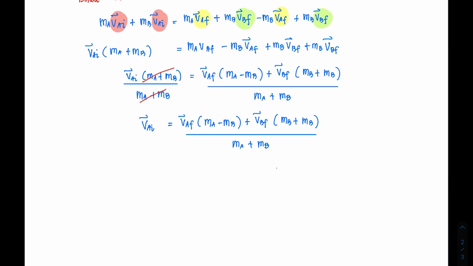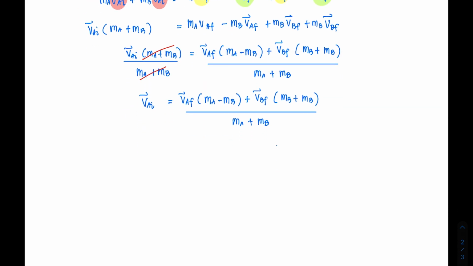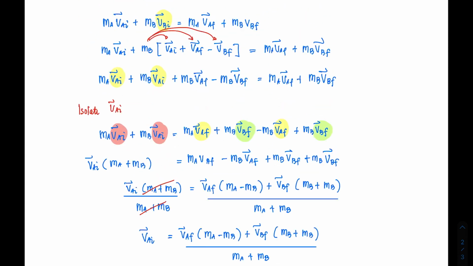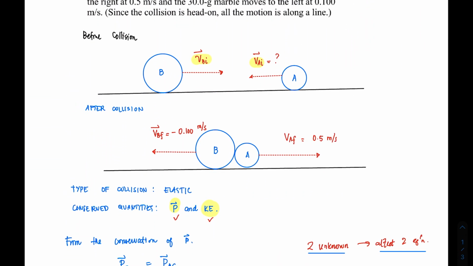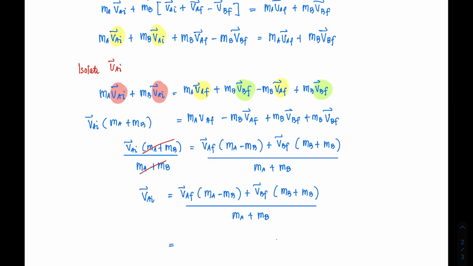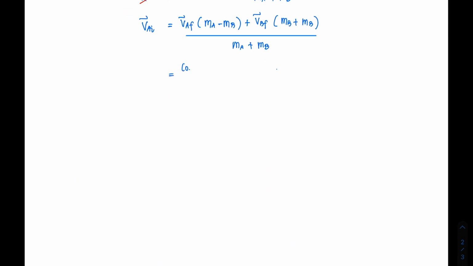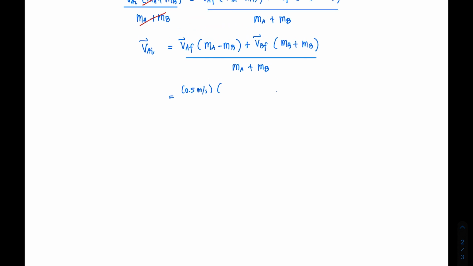Okay. So from here, you're just going to substitute the values. VAF, if you go back to the problem, is 0.5 meters per second. Your mass A, this is the smaller mass, that's 10 grams. Mass B is the larger one, that is 30 grams. Plus VBF.